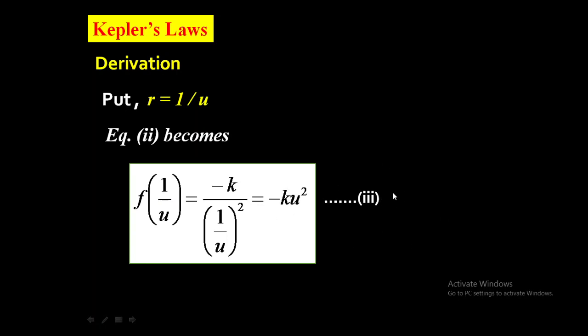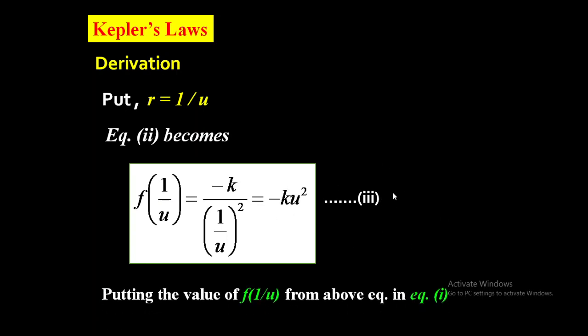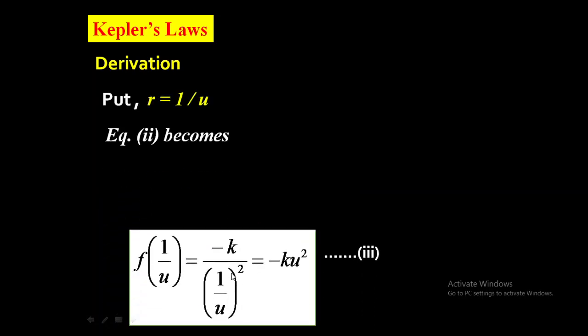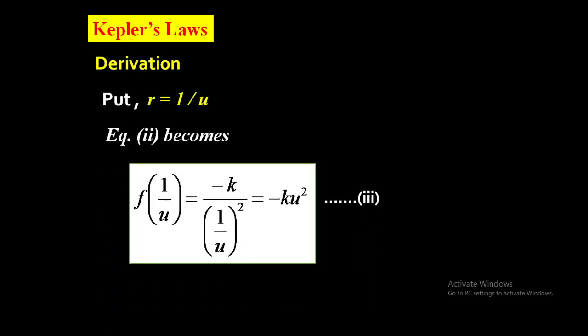Suppose this is equation number 3, and we put the value of f of 1 by u in equation number 1. We found the value of f of 1 by u from the inverse square law, which is minus k u square.